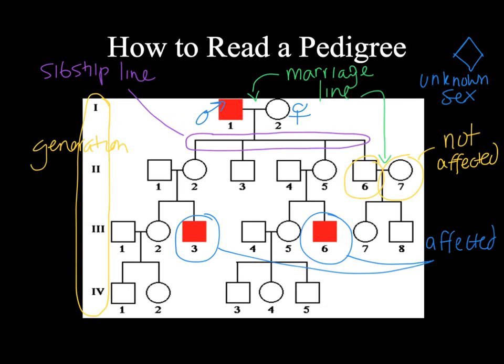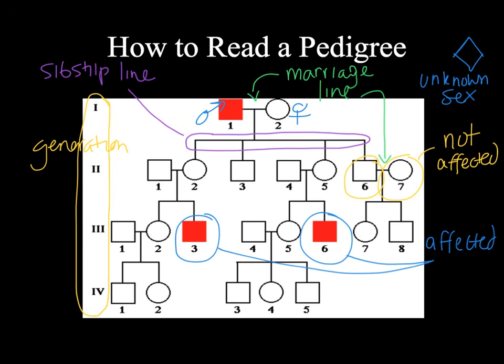So let's take a look at this pedigree. What we notice is that here's our original male and our original female, and they're connected by a marriage line, and then they've had children, and their children are, in the second generation, numbers 2, 3, 5, and 6.